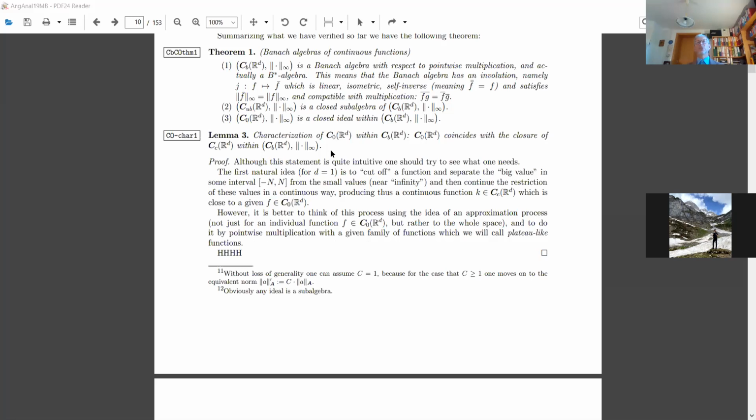If you take limits of such functions, if this is a true statement, you will get also functions which are in C0. On the other hand, if somebody says the function is very small and of minor importance far out, near infinity, you just take the important part and then you continue it somehow at the outer part. Or, as I would suggest, you multiply it with a continuous plateau function.